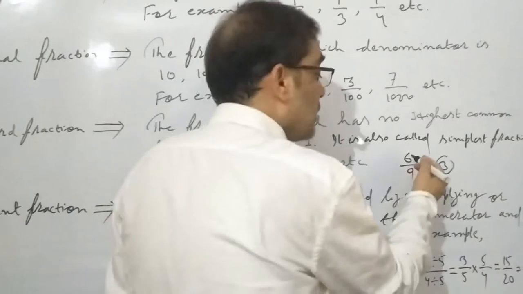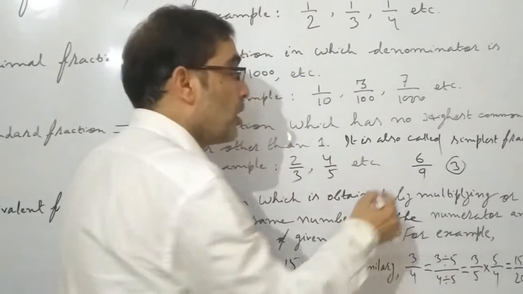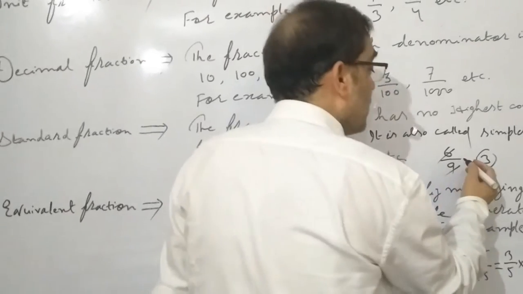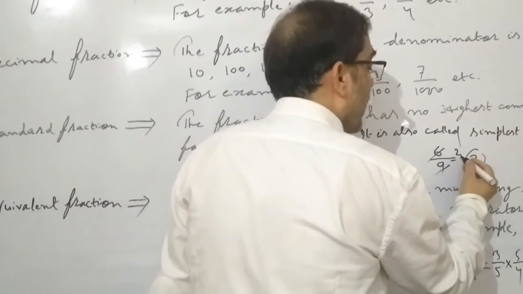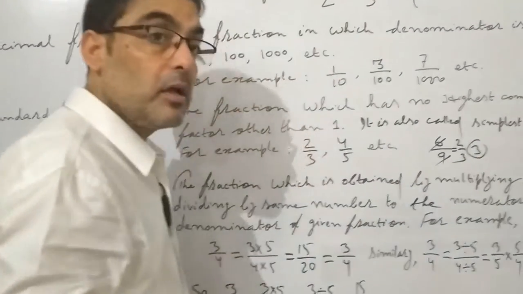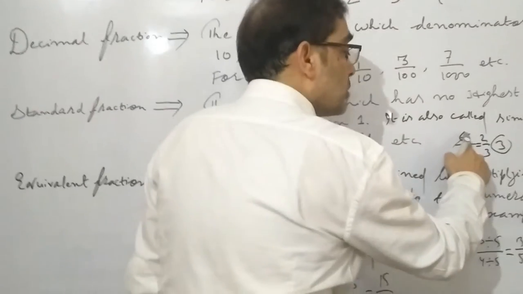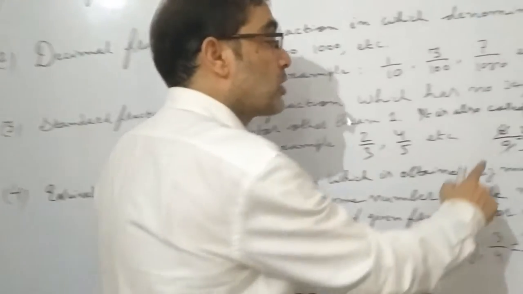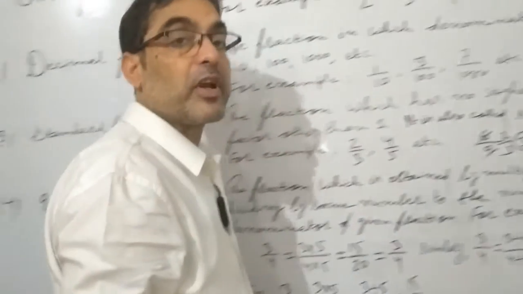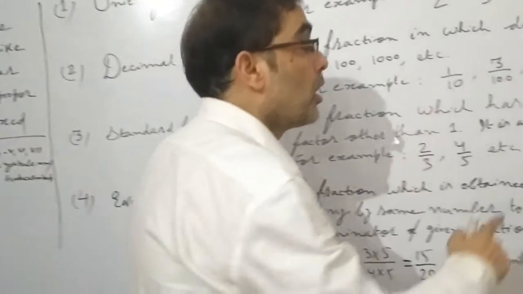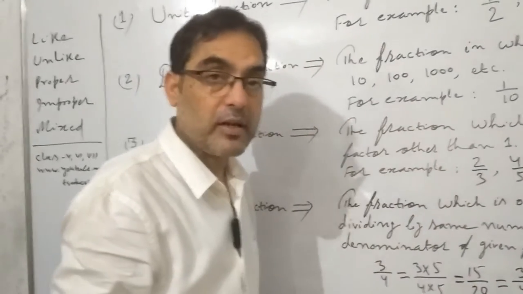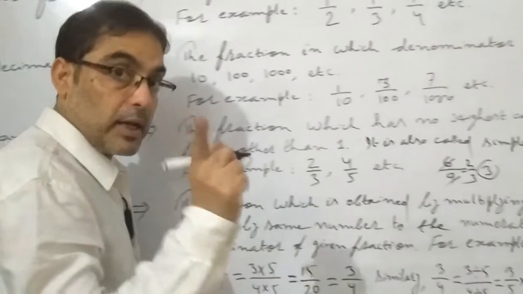When we divide 6 by 9 by 3, the result will come 2 by 3. So 6 by 9 is not a standard fraction, but 2 by 3 is a standard fraction, because 2 by 3 has no highest common factor other than 1.